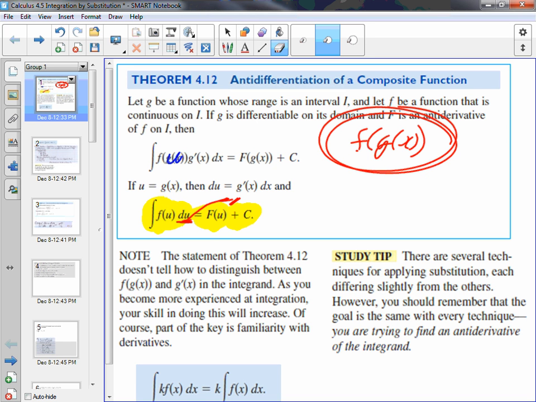Okay? And so I'm trying to explain to you why the du has to be g prime of x dx, and I'm drawing a blank on how to explain it. Well, because it is what it is, but it's from the chain rule, and all of a sudden I'm drawing a blank on why that's from the chain rule. Is that all I need to say? That's the chain rule?